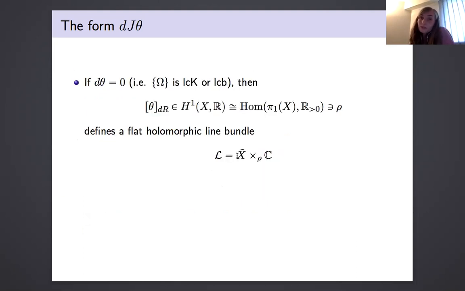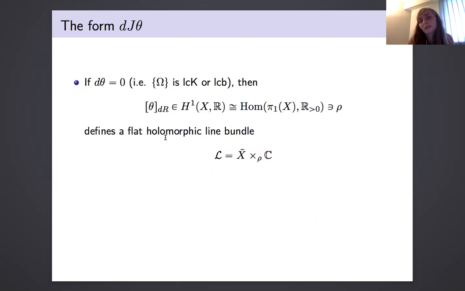Another instance is when we are in the locally conformally Kähler or locally conformally balanced case. So suppose that the Lee form is closed, then it has a de Rham class, and as such, via the universal coefficient theorem, it determines a homomorphism from the fundamental group to R+. And so it defines a flat line bundle.